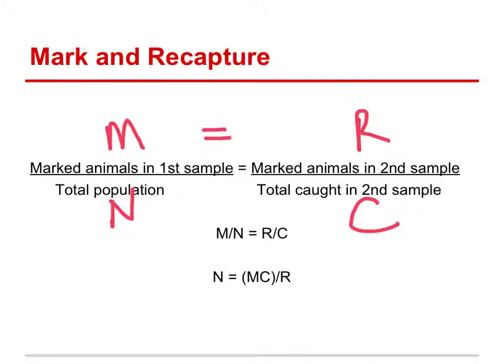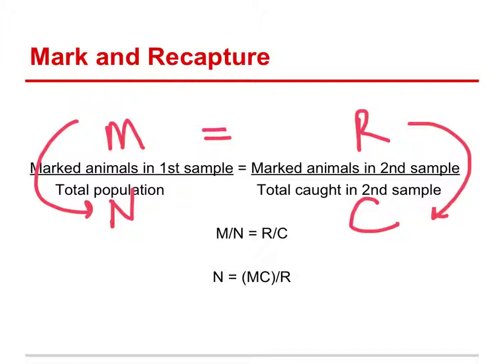What we're assuming here, and we'll talk about it later, is that the proportion or the percentage that were recaptured in the second capture should be proportional to the percentage of the animals marked the first time. If that's true, then we can solve for N.